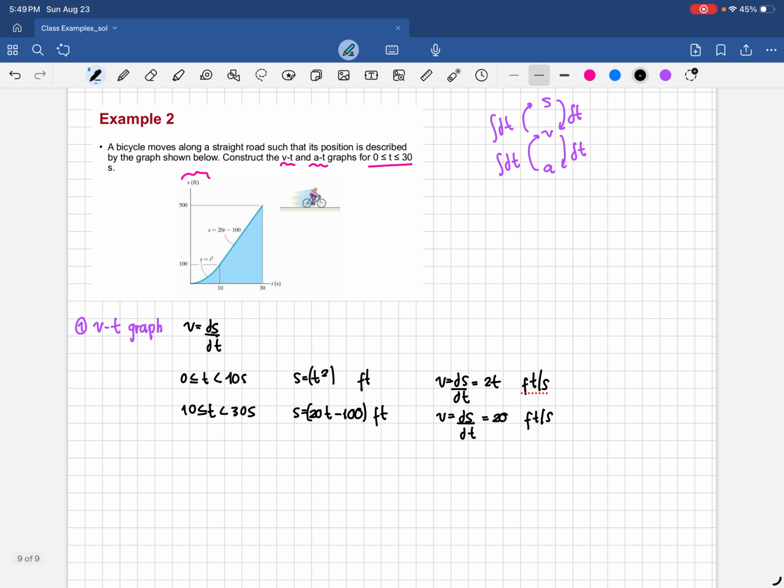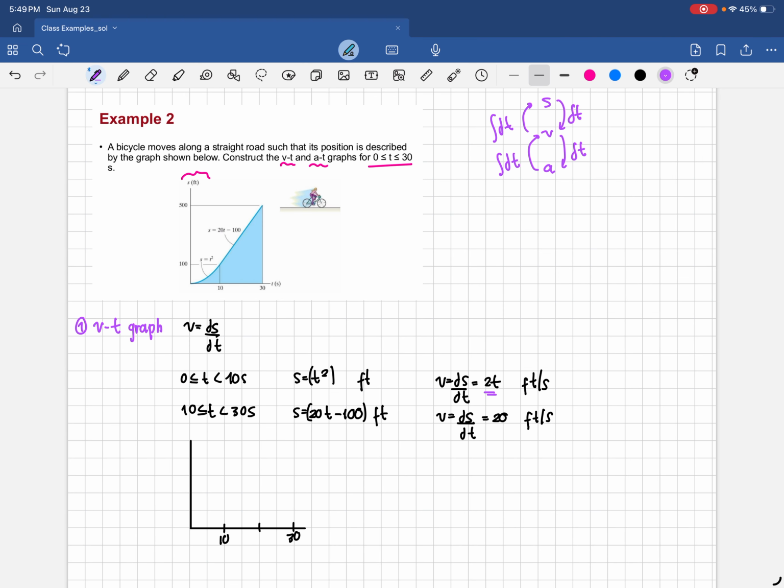So if we graph this, we have 10, 20, 30. From 0 to 10, the velocity is 2t, so it's a linear relationship.